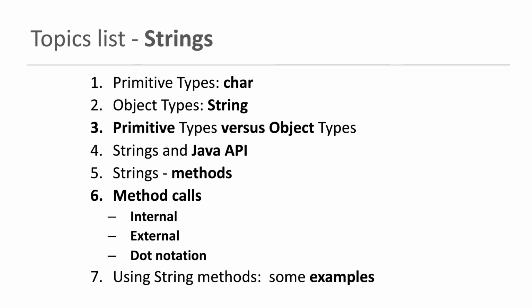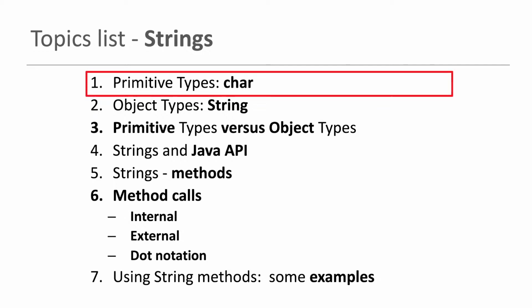There are a lot of slides talking about dot notation, but once you've used it, it's a lot simpler than all the documentation that explains it. Then at the end, we'll fire through quite a few examples of using string methods with dot notation, to see how we can use it in our programs and specifically in our assignment.